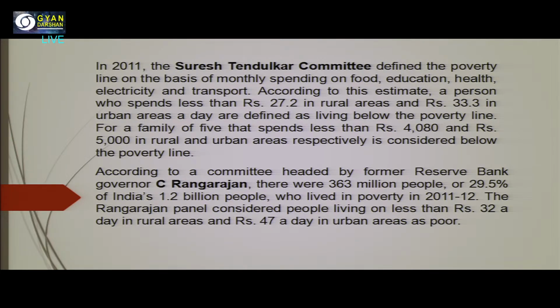So according to the Rangarajan panel, any person who consumes less than rupees 32 per day in rural areas and less than rupees 47 per day in urban areas is considered as poor. So, as per these estimates, 29.5% of India's population was poor in 2011-12.